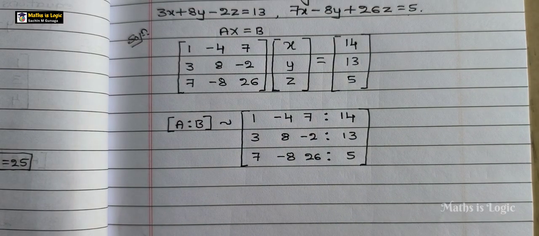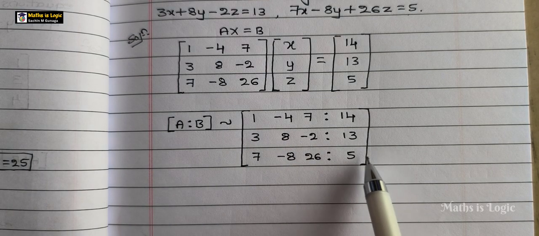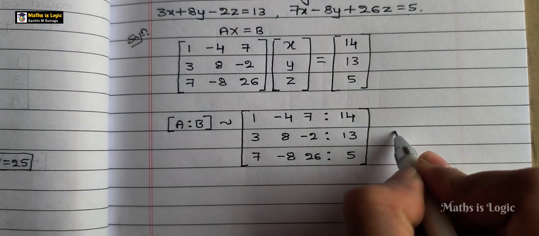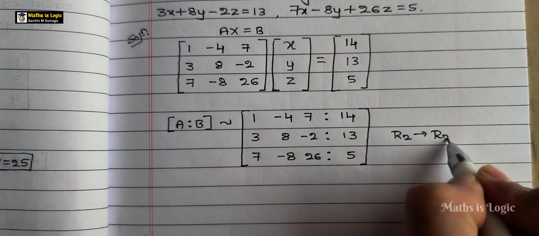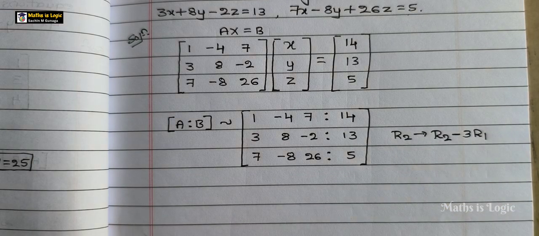Next what we need to do? Second row first element, third row this first element we should make it 0. For that apply row transformation. So which row transformation we are going to apply here? R2 changes to, so R2 is 3, therefore we have to minus 3 times of R1.